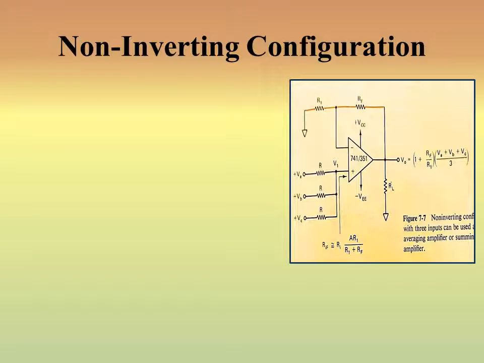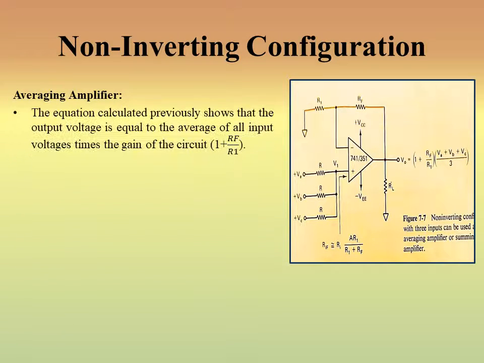What conditions should be applied to it? So first we take up averaging amplifier. Now the equation that we had calculated previously shows that output voltage is equal to the average of all inputs times the gain of the circuit. So if we consider the gain of the circuit to be 1, then the output voltage will be simply the average of all input voltages.